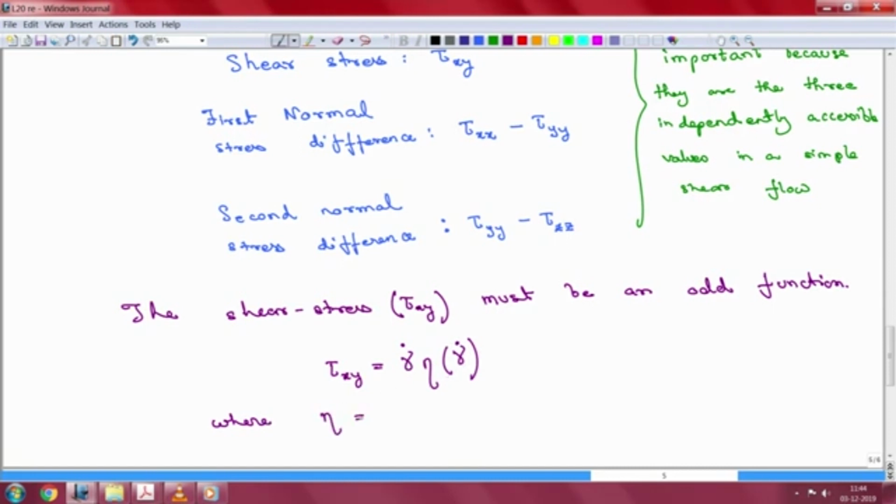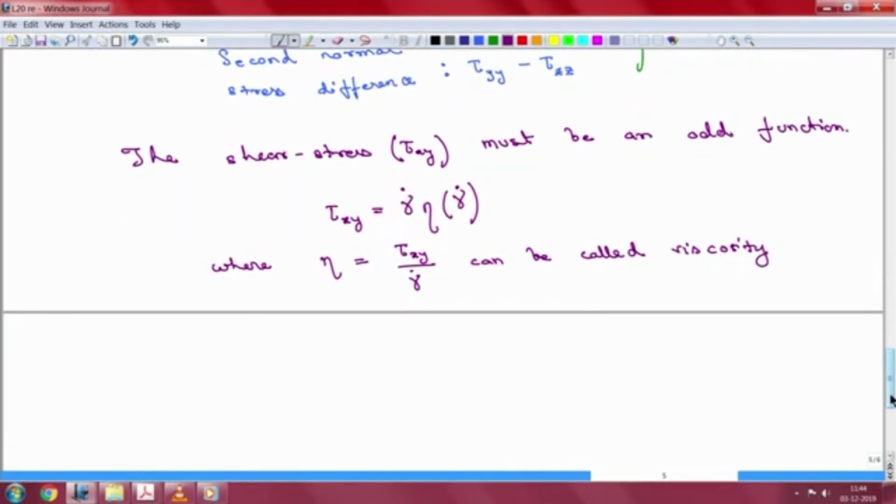So eta is basically a function which can be called viscosity. And this is an even function, because tau xy is an odd function and so is gamma dot. If both the signs reverse, the sign of eta will remain the same. So this is an even function.